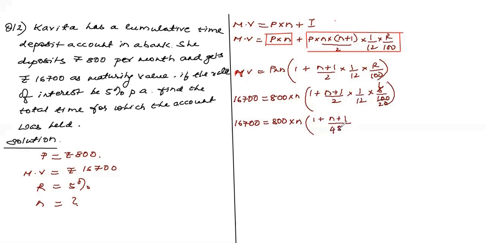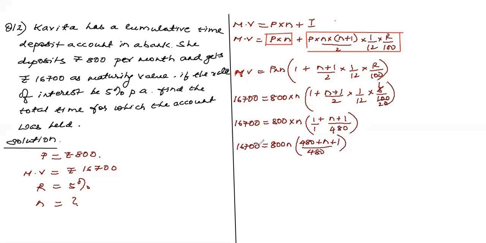So it becomes 480. Got it, children? It becomes 480. So 16700 is equal to 800n, and inside the bracket, beta LCM is 1 upon 1, you know, cross multiplication. So 1 into 480 is 480 plus 1 into n plus 1 is n plus 1, the whole thing upon 480. Okay, children?